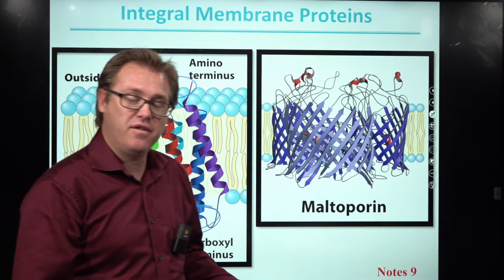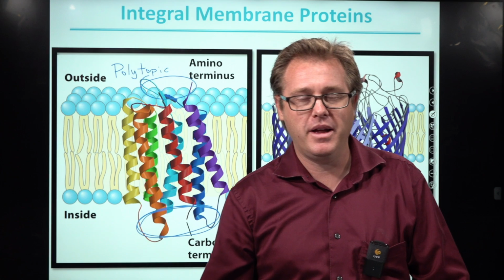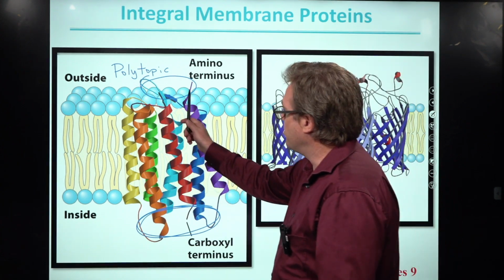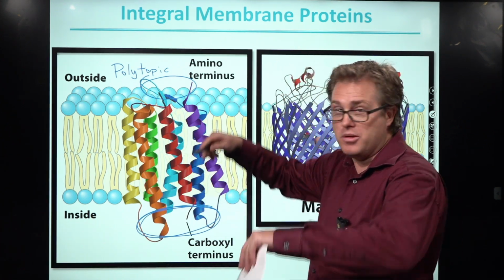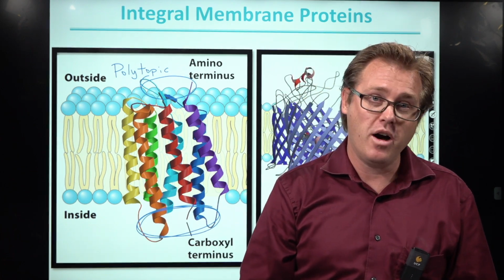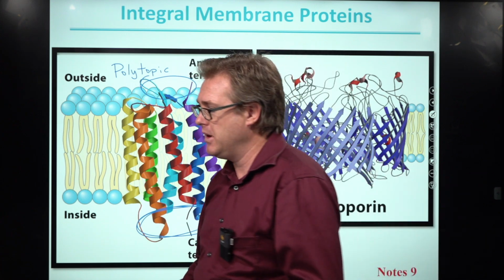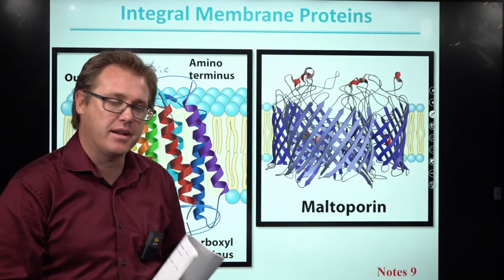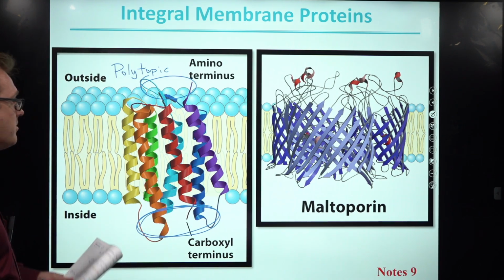You would expect to find a lot of the hydrophobic amino acids. Whereas the part of the protein that is on both sides of the membrane, where it's going to be around a lot of water, you would assume that a lot of those amino acids are hydrophilic. Makes sense, right?